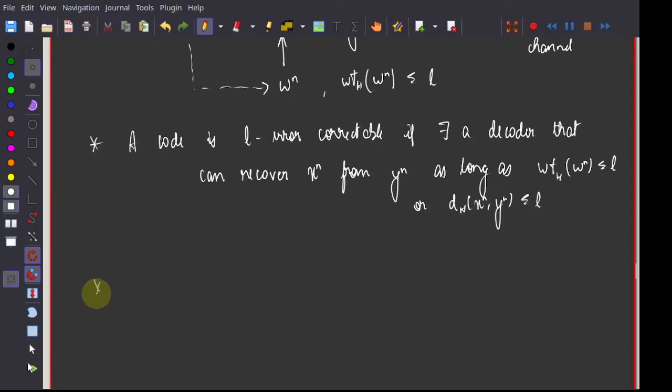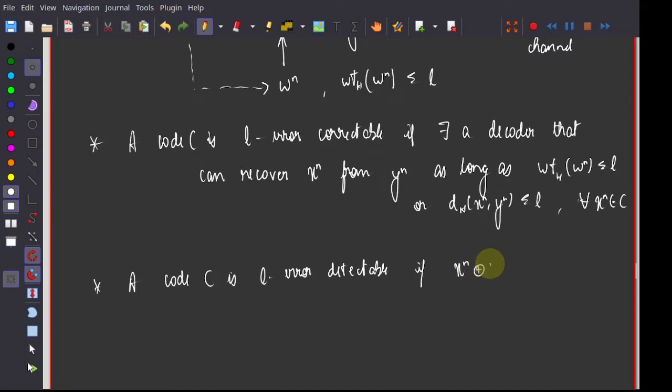Similarly, we say that a code is L error detectable if c plus wn is not in the code book.